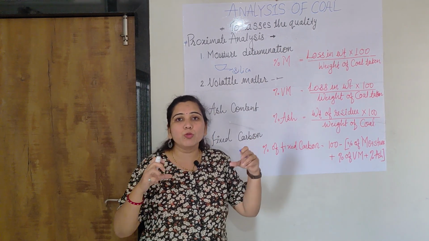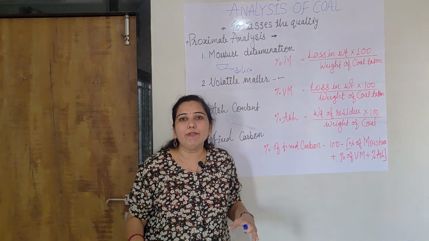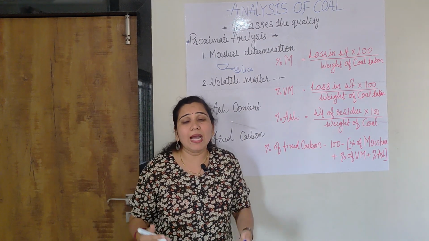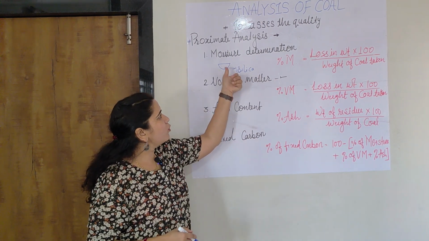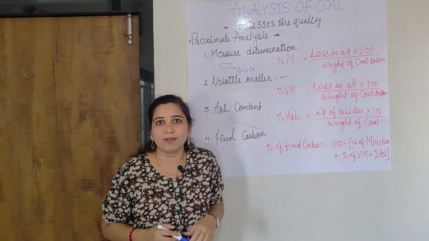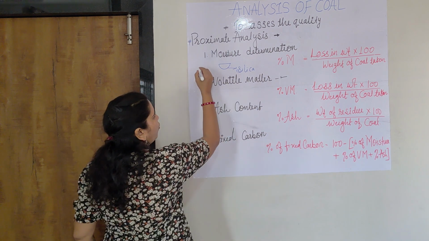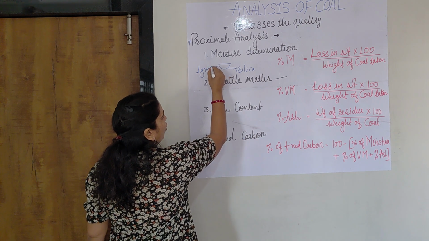So the whole process with the coal will be carried out very safely, even at very high temperatures. Here we choose one silica crucible with its lid. In this silica crucible, the sample of coal will be taken. Just take 1 gram of coal sample, because we take only a sample of coal, not the total amount.